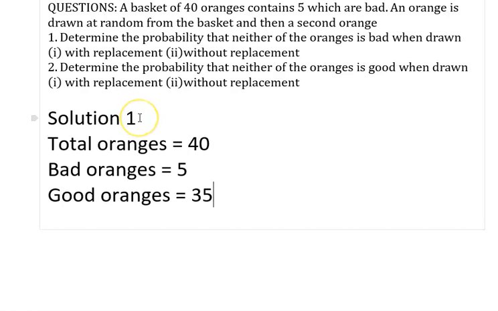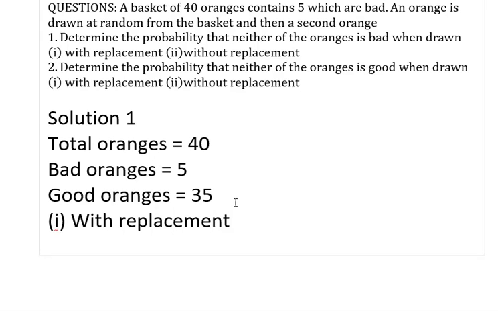Now, let's say for solution number 1, for 1i, with replacement. Now the probability that, because the question says we should determine the probability that neither of the oranges is bad.